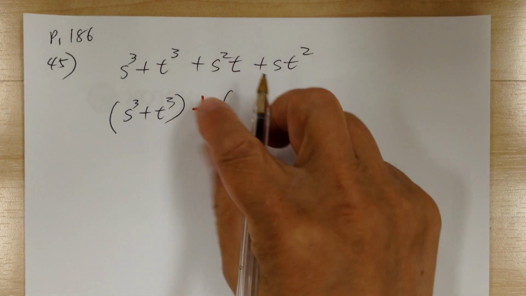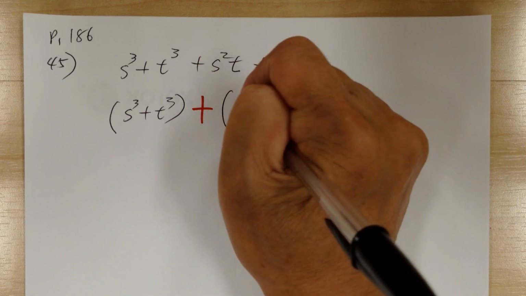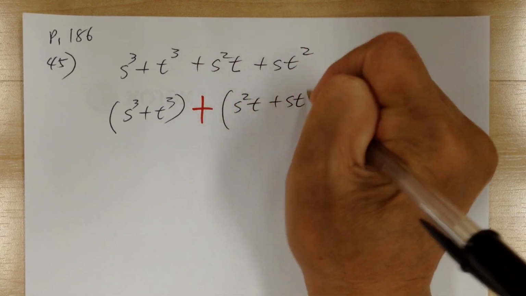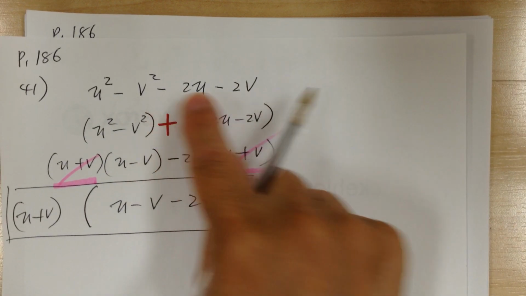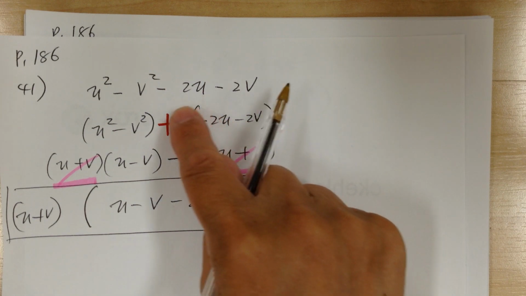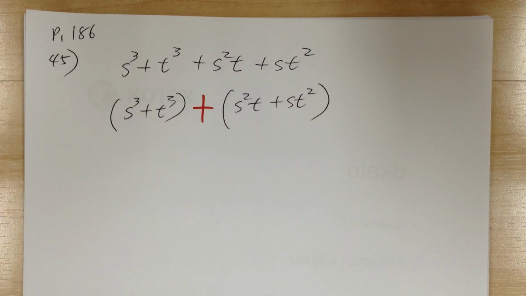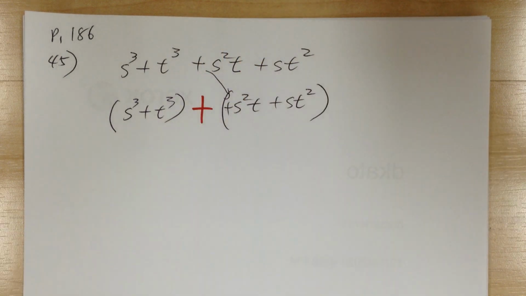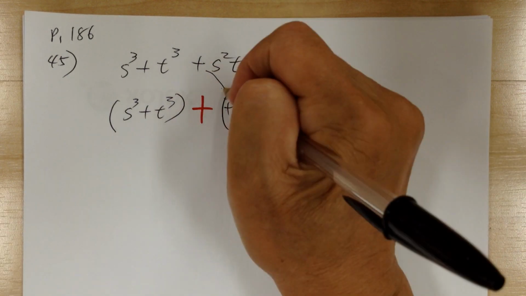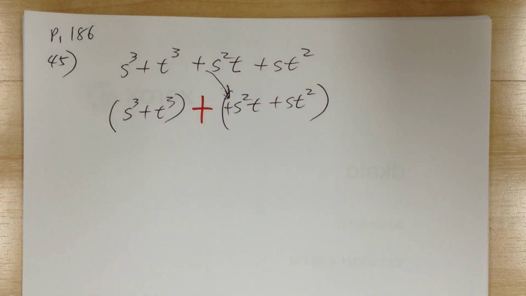Again, this plus is not this plus. Be careful. When you're doing the grouping, if it's a minus, these have to go along with that. And you always put a plus between the groups. Now where did this plus go? Well, actually this plus goes in here, if you really want to do that, but you don't have to write that.